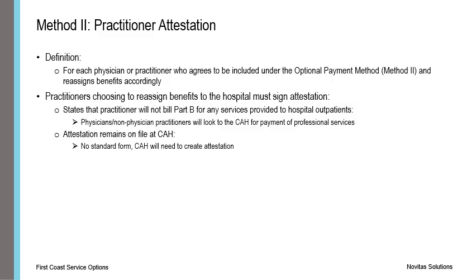Physicians and non-physician practitioners will look to the critical access hospital for payment of professional services. The attestation remains on file at the critical access hospital. There are no standard forms. The critical access hospital will need to create the attestation and keep that on file.